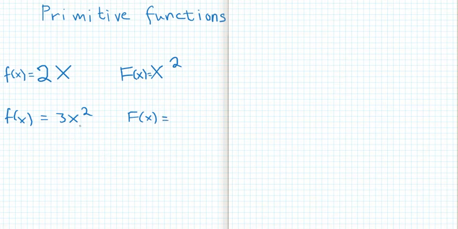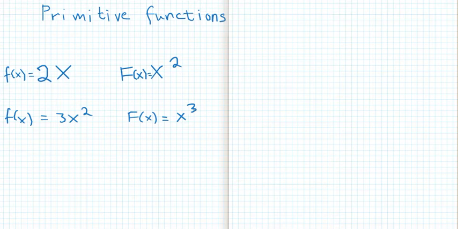Well, we can easily see that it's going to be x cubed, because remember, when we find the derivative of x cubed, same procedure, the 3 goes down in front, perfect, there's a 3 here, and then we decrease the exponent by 1, so it's going to be a 2 up here.